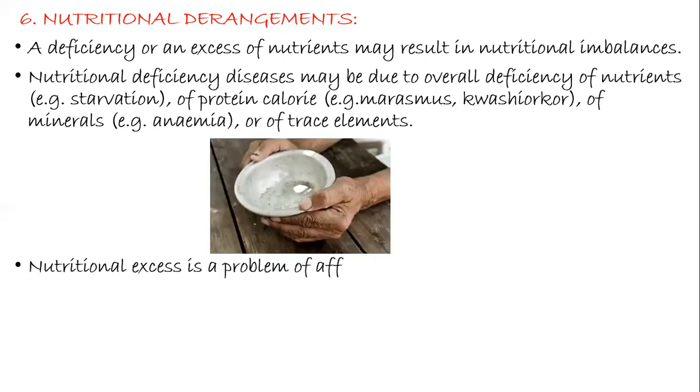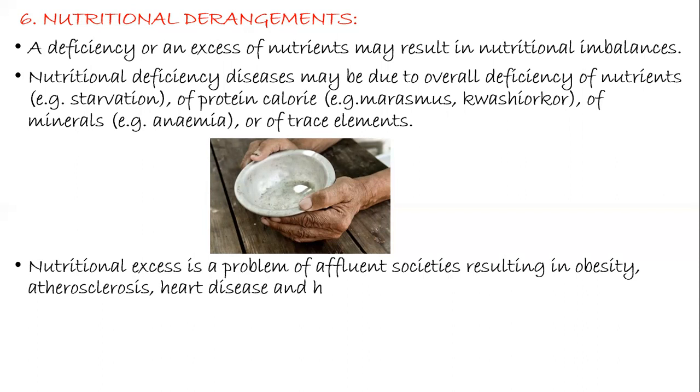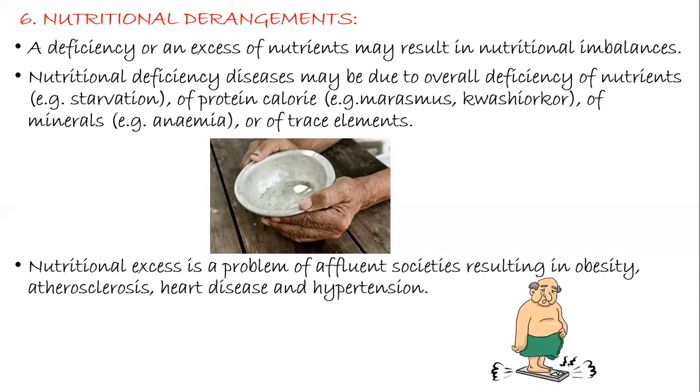Nutritional excess is a problem of an affluent society resulting in obesity, and obesity in turn might result in atherosclerosis, heart diseases, and hypertension.